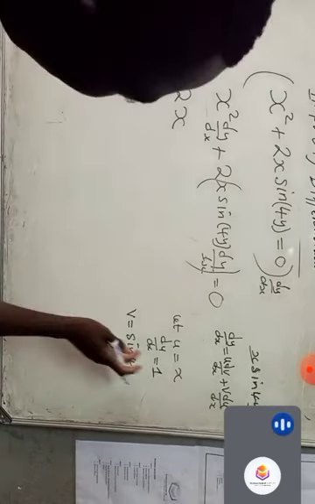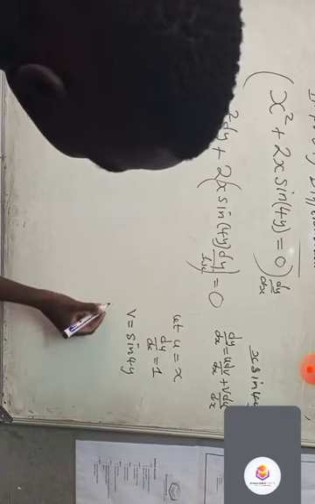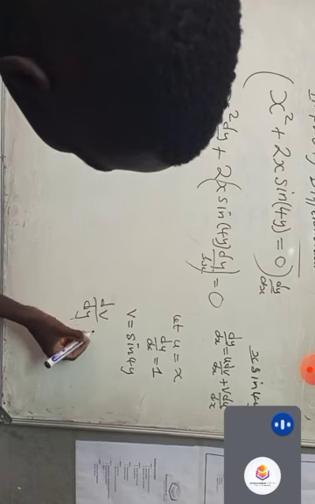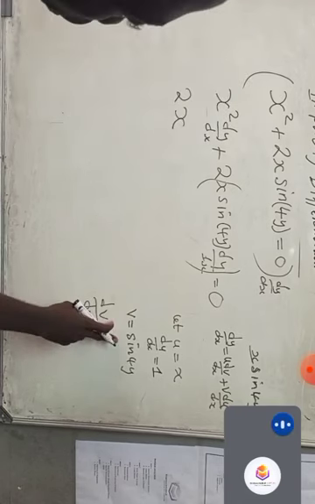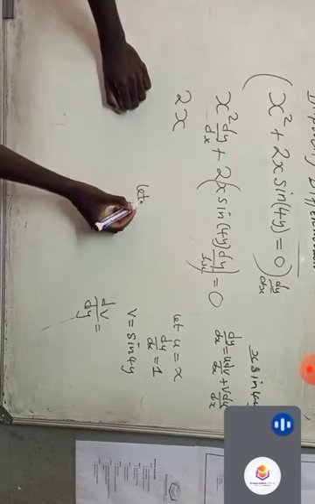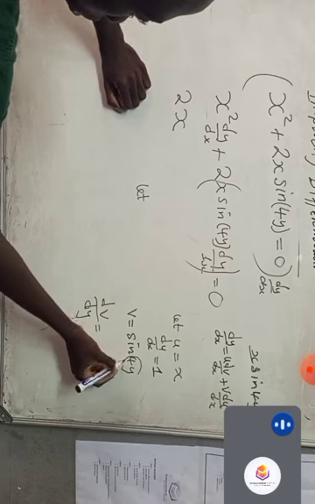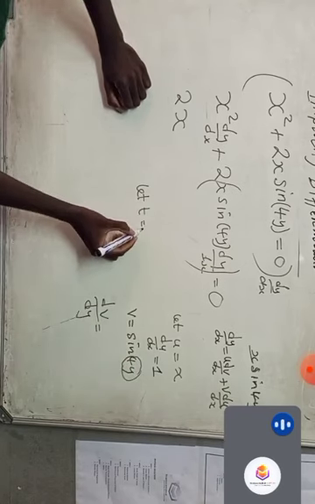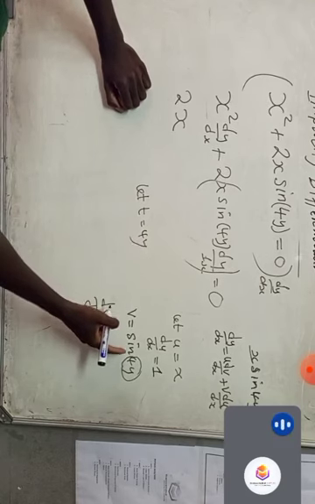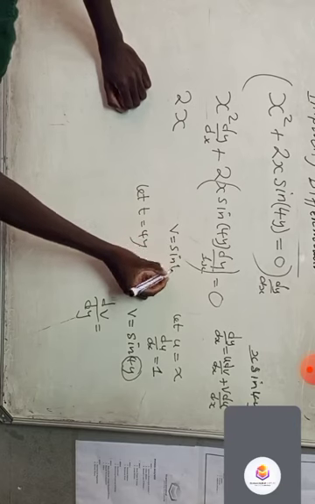So this is dv with respect to dy. Let t equal 4y. Then v is sine t.